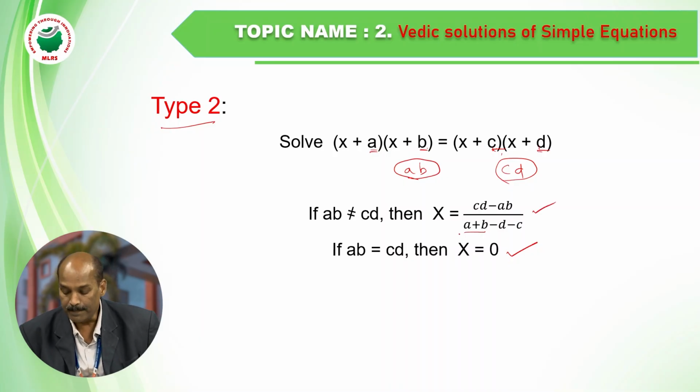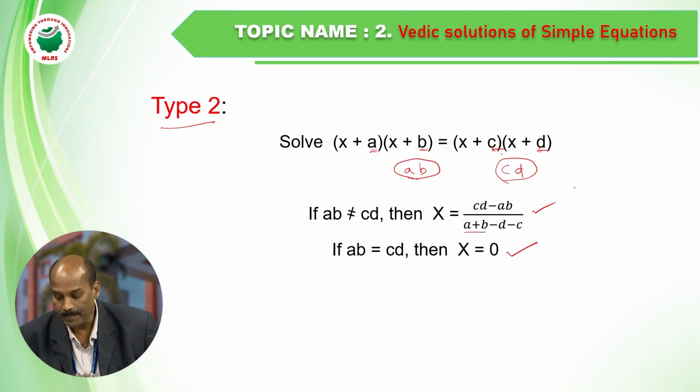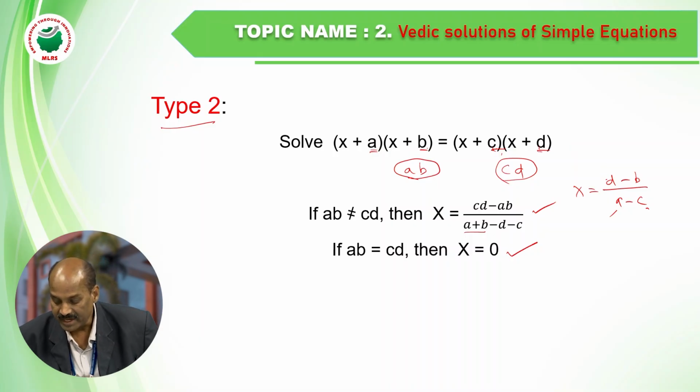You remember this formula by comparing this type 2 with type 1. In type 1, x equal d minus b by a minus c. A is from the left side and c is from the right side, and d is a constant on the right side and b is a constant from the left side. Here also same thing. On the right side, the constant is C into D. On the left side, the constant is AB.